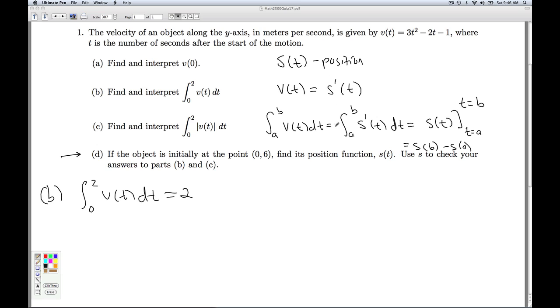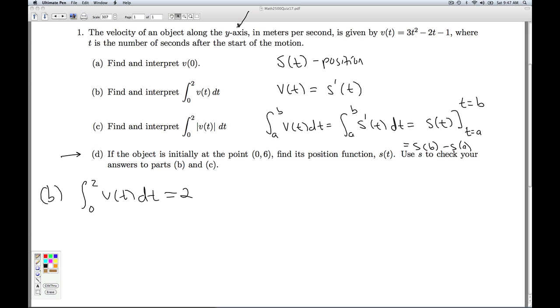Okay, but looking at this abstractly gives us an indication as to what this means. This is the difference in the position at time b minus the position at time a. And this, remember, is what we call the displacement. So this is the displacement of the object from t equals 0 to t equals 2. So wherever it starts initially, 2 seconds later we have a positive displacement of 2.